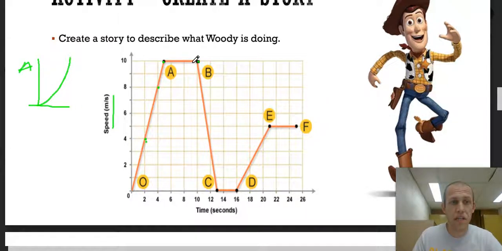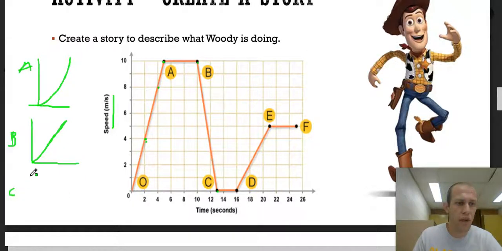From A to B, it says he's still at 10 meters per second. So his velocity is constant. If you were to look at a position time graph, at that time, you would just notice a straight line that looks like this. Then from B to C, you see the speed go from 10 all the way back down to 0, meaning he's slowing down.